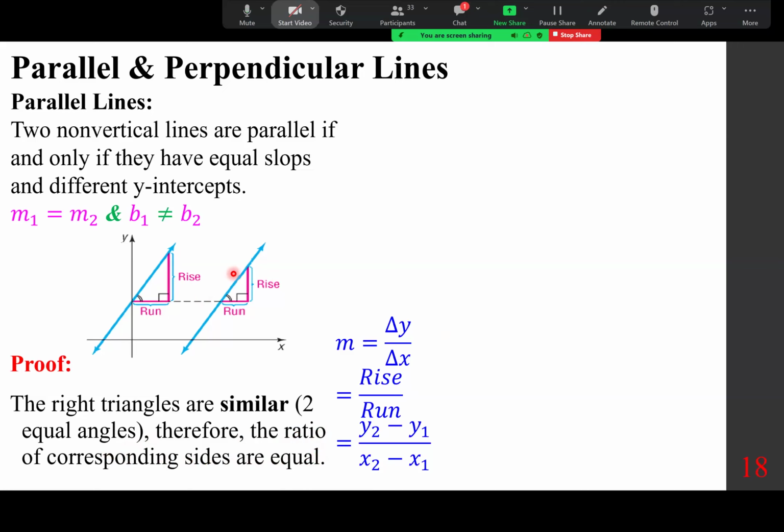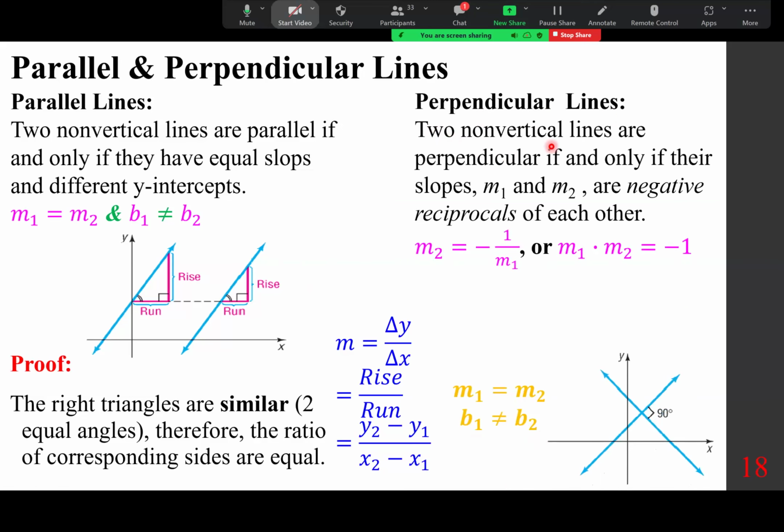We are not saying this rise is equal to this rise, this run equals to this run. We are saying the ratio because that's the definition of similar figures. And again, why are they similar figures? They have equal angles. In the case M1 equals M2, but B1 is not equal to B2, meaning if B1 is equal to B2, they become the same line, by the way, right? Meaning they are parallel.